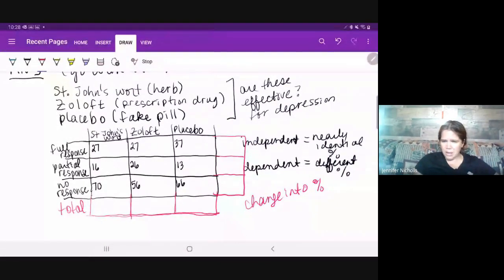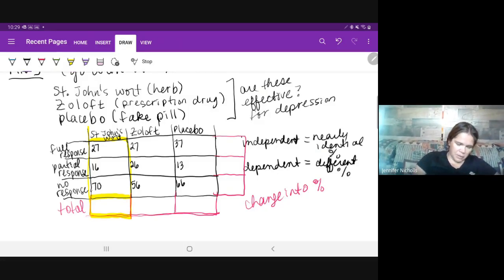Are you guys still with me? Oh, I just want the total of the first column. So maybe I'll color code here. So I just want the total of the first column. Yeah, 113. So I'm going to find the 113. I'm just writing in red the things I didn't know from when they gave me the problem.